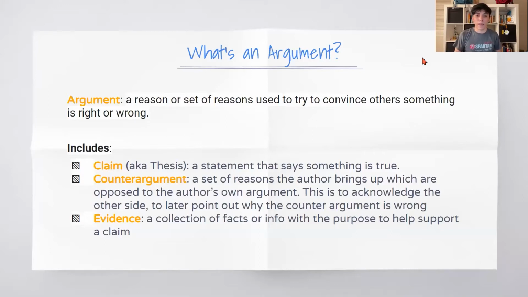And evidence is just a collection of facts or information, whether it be statistics or somebody's story. That all falls under evidence. So any good argument would have these three included.